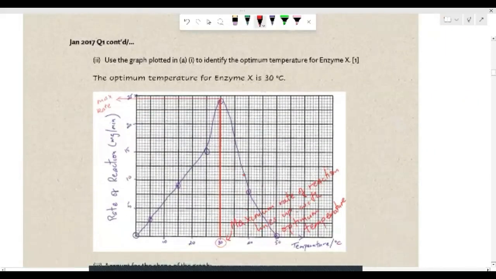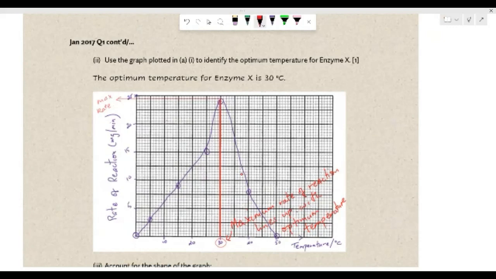And then we get to the graph. They're asking you to identify the optimum temperature for enzyme X. So you're not going to go back in your mind and think, according to what you would have learned in a textbook, this is the optimum temperature. No, you're using the data in front of you. And as you can see, I brought back the same graph, and we are going to highlight where the maximum rate is.